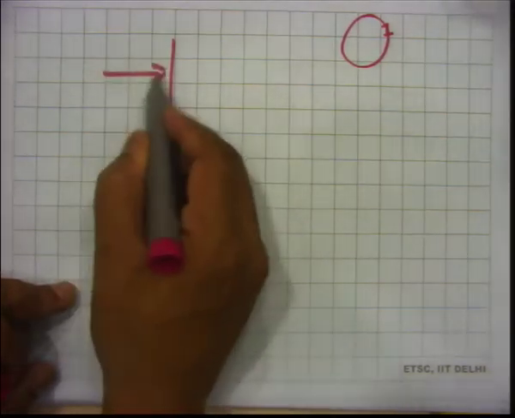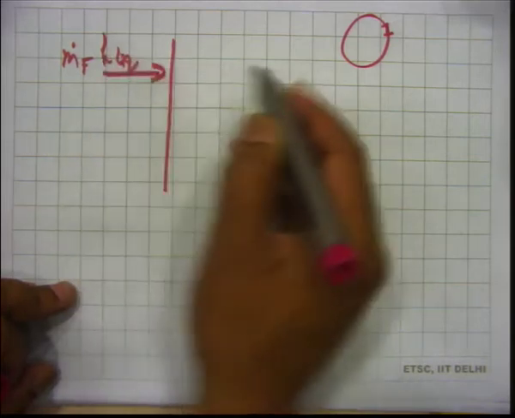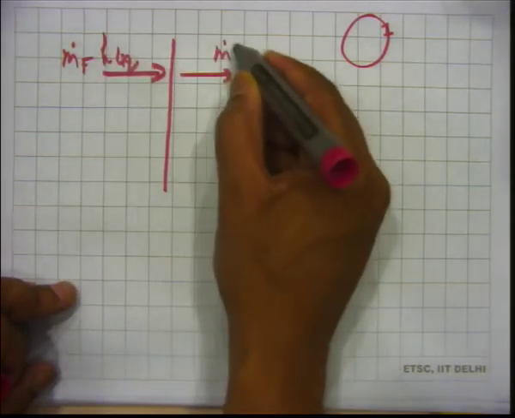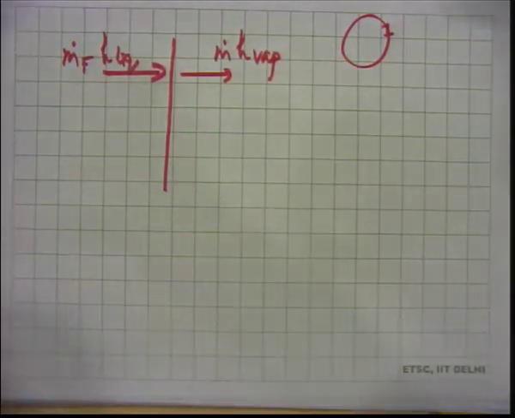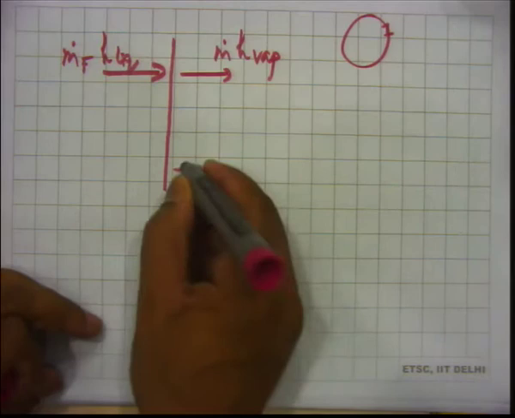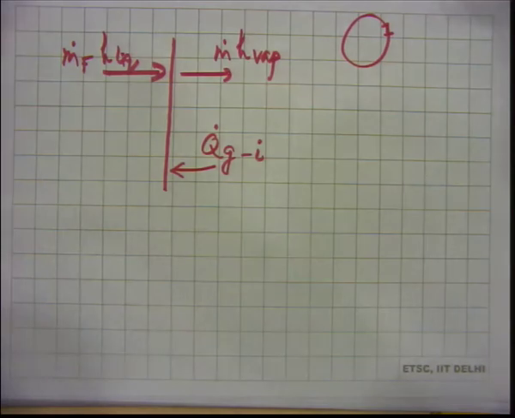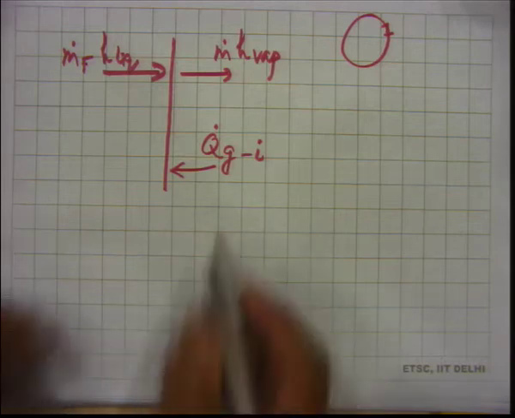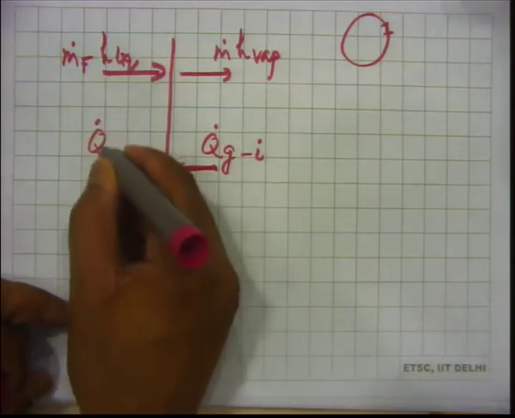And this is as before, m dot f into h liquid, and this is as before m dot into h vapor. And there is a q dot gas to interface. Okay. So that will be again similar to what we have seen before, and there can be in fact a q dot I to L.